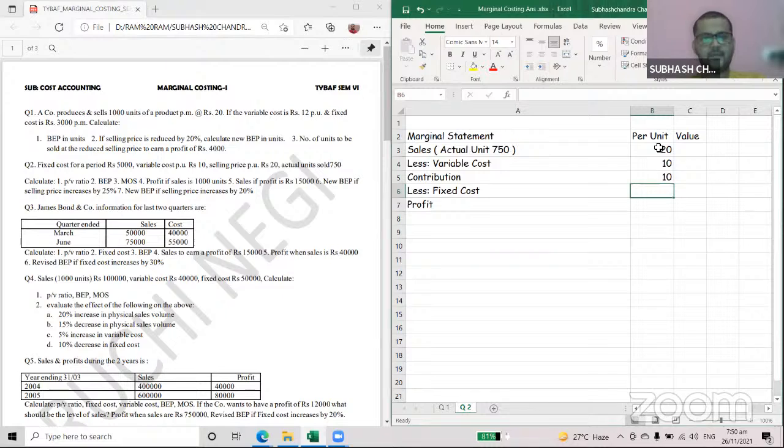Now can anyone tell me what is the fixed cost per unit? Yes, everyone. What is going to be your fixed cost per unit? The same I asked you in the last question also. Everyone try to calculate and tell me what will be the fixed cost per unit.